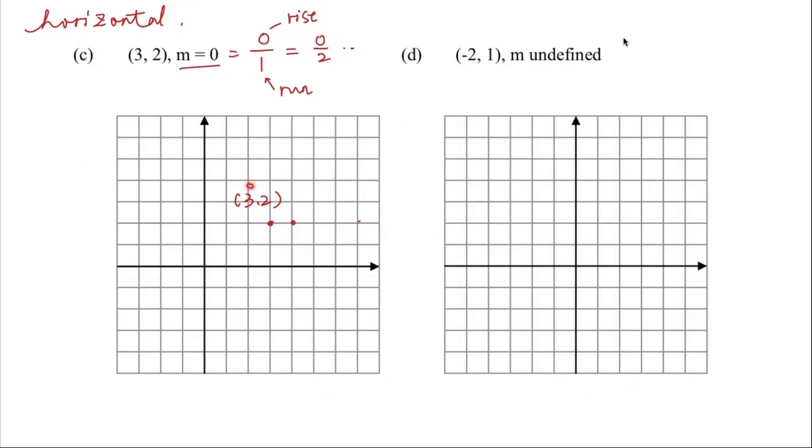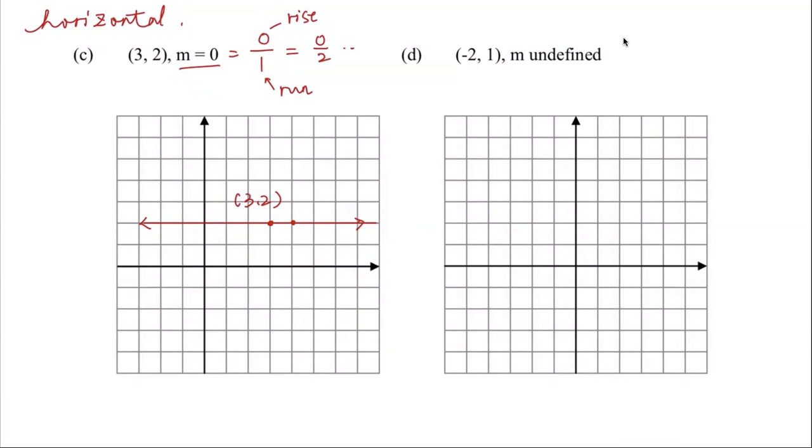This point is given here, and this point is found based on the slope information. Now we join these 2 points and we can see that this straight line is indeed horizontal.